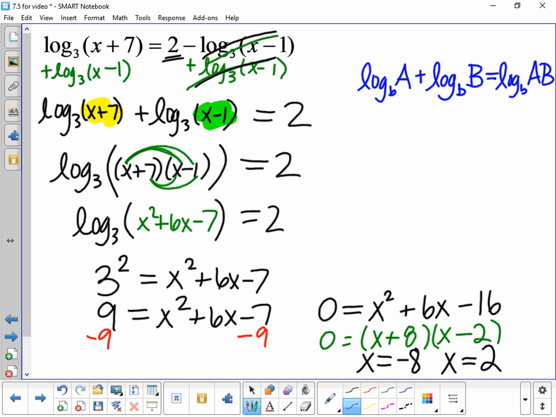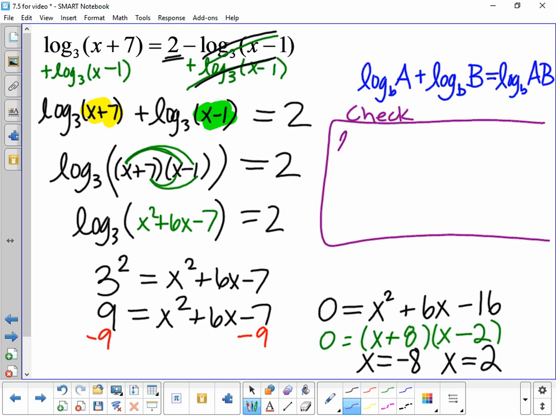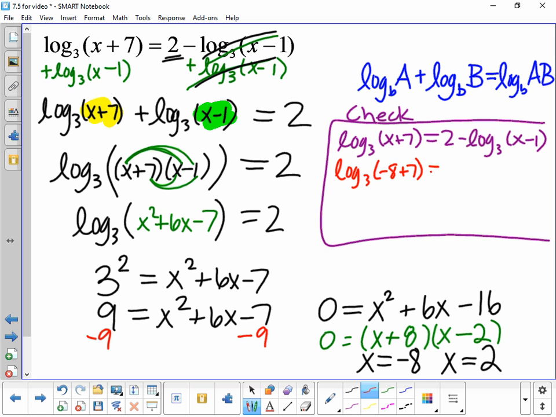Our original equation was the log base 3 of x plus 7 equals 2 minus log base 3 of x minus 1. If we substitute in our value negative 8 here, and this could be a mental check, you wouldn't need to write it out.